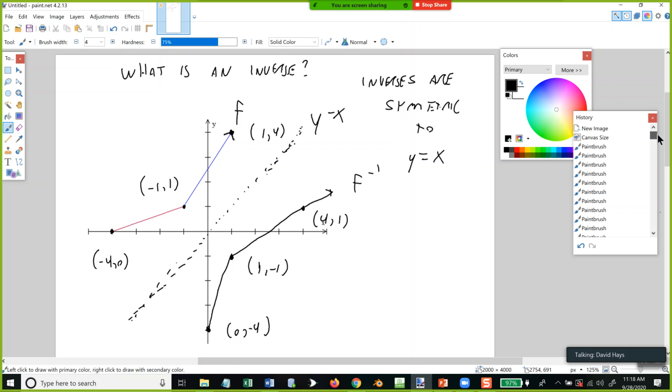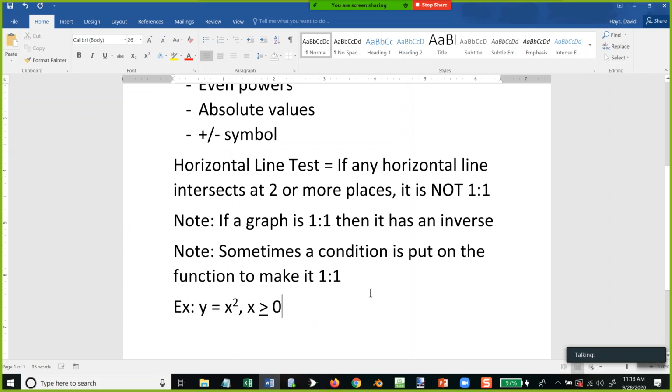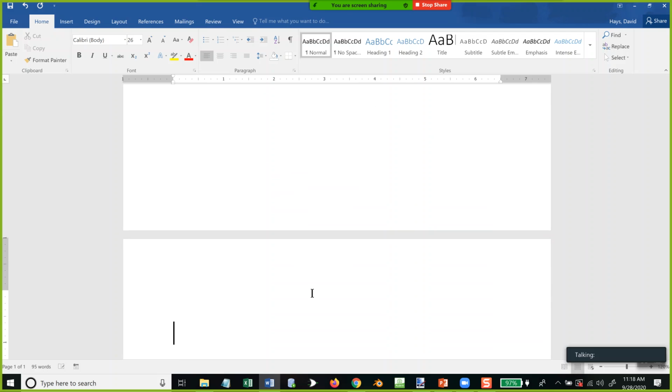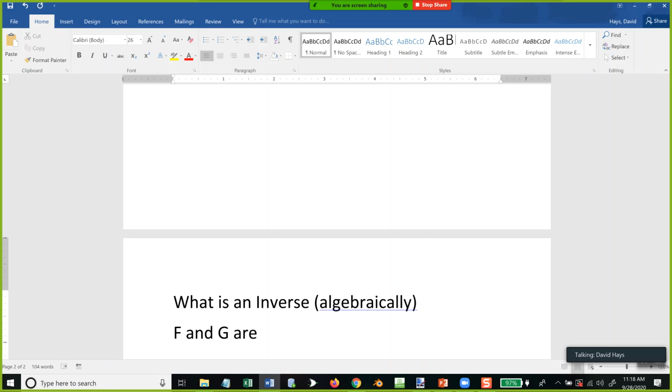Now let's take a look at algebraically what it means. F and G are functions.